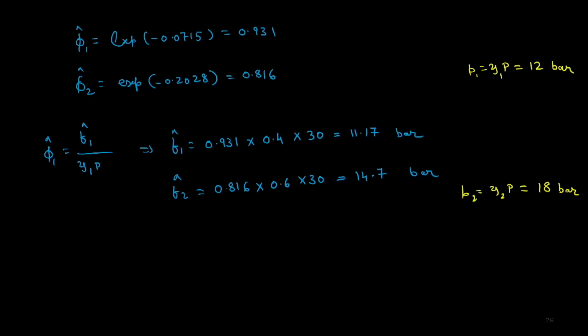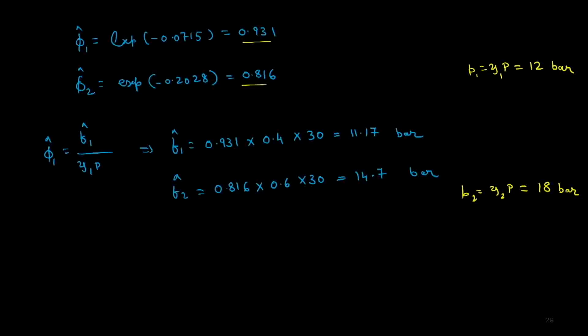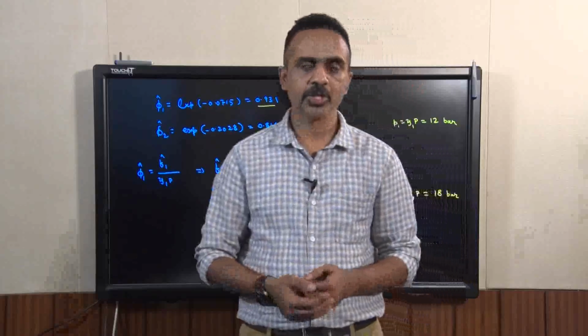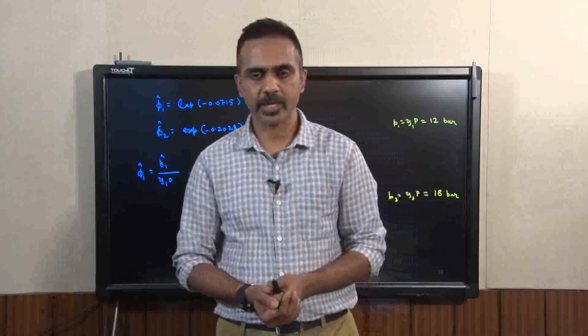So the values of the fugacity coefficients or the fugacities in that sense demonstrate how far away we are from ideal gas behavior. So that completes our discussion on fugacity coefficients of gases using virial equation of state.